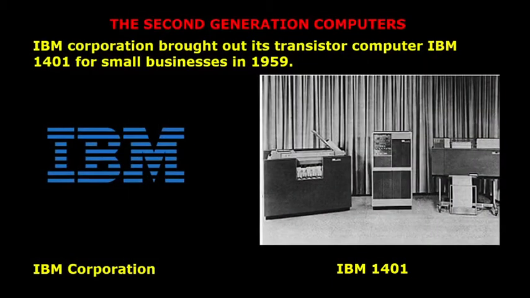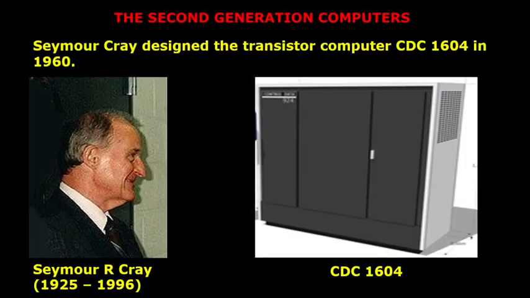IBM Corporation brought out its transistor computer IBM 1401 for small businesses in 1959. Seymour Cray designed the transistor computer CDC 1604 in 1960. Cray was born in 1925 and he died in 1996.